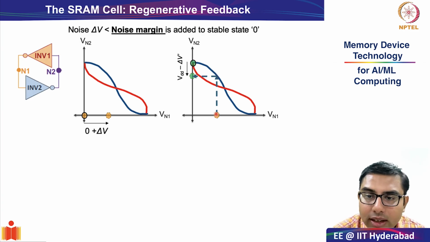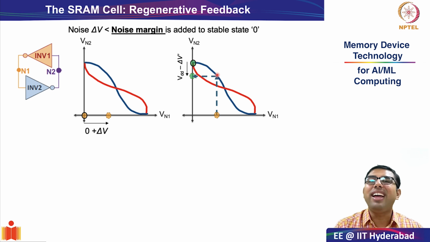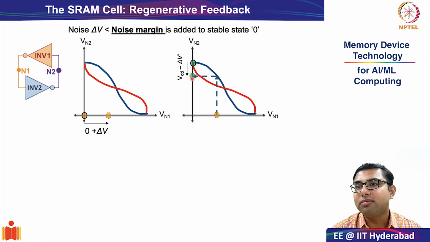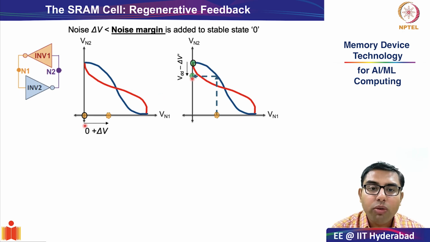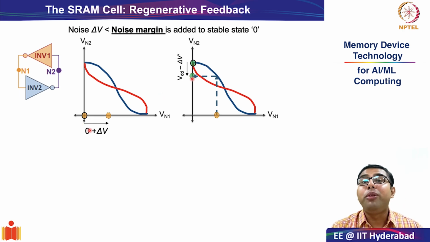So what we do is, we project what will be the corresponding output of VN2 and we see that the corresponding output of VN2 will be VDD minus delta V dash. Okay. Just like there was an increase due to noise from 0 plus delta V, similarly VN2 will also get slightly disturbed by VDD minus delta V dash.